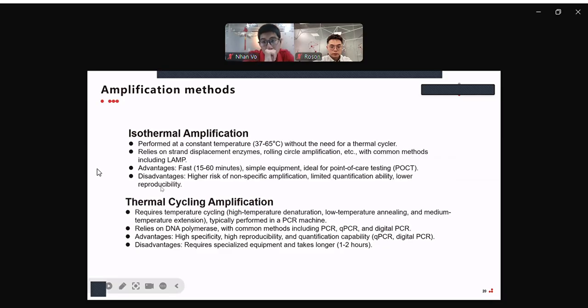Even though the sensitivity of this kind of method gets higher, the specificity gets lower. In this situation, people will easily find false positive results.